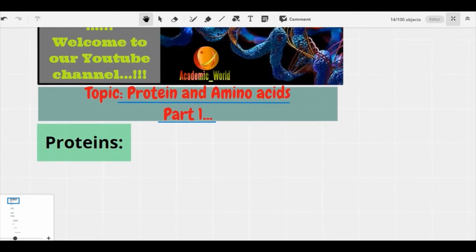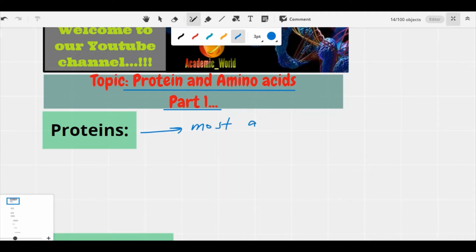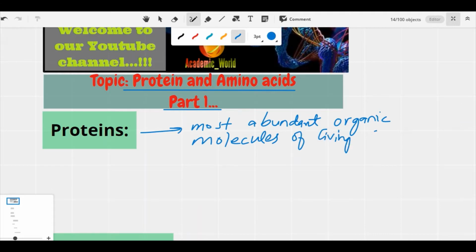So now, first of all, the proteins. As you know, the proteins are the most abundant organic molecules of living organisms or living systems. First, you have to remember that they occur approximately in every part of the cell and constitute about 50% of the cellular dry weight, the mass.